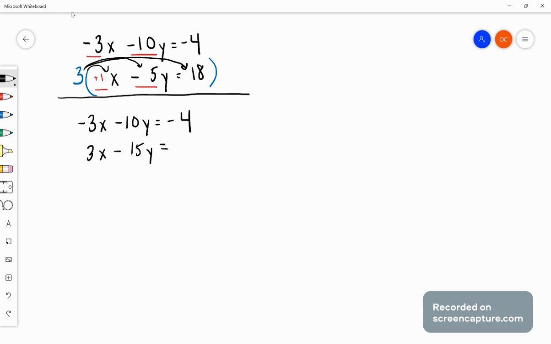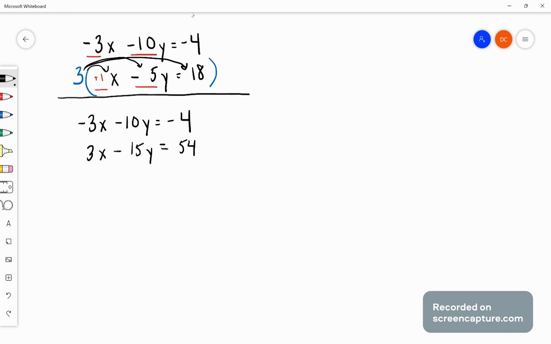And then 3 times 18 is 54, okay? 18 times 3. 3 times 8 is 24, 3 times 1 is 3, plus 2 is 54. You can use your calculators also. That's fine. 18 times 3 is going to give you 54.